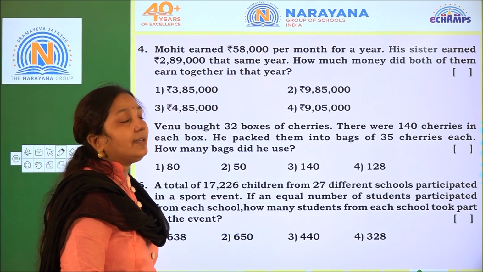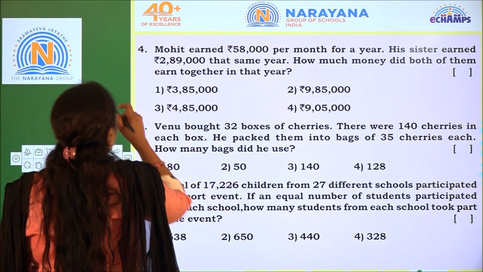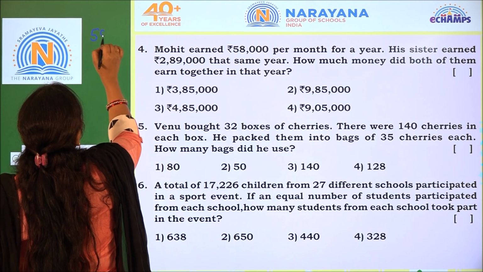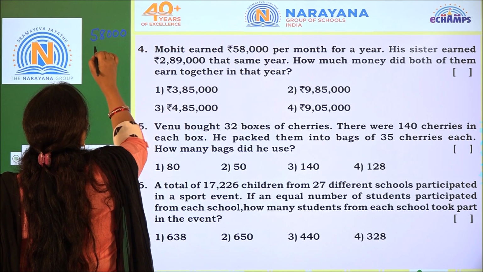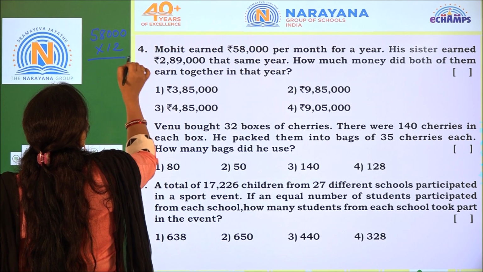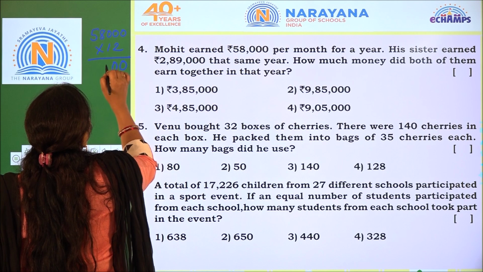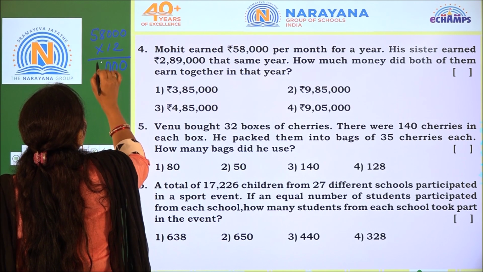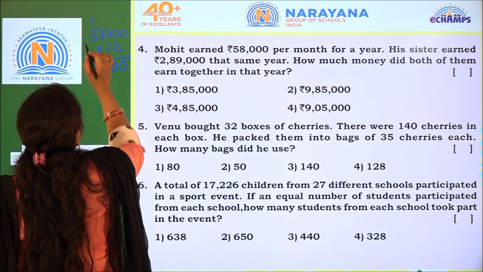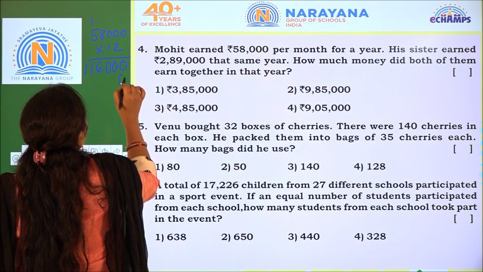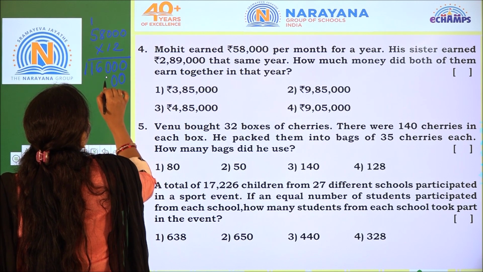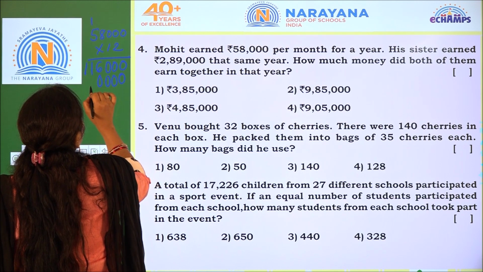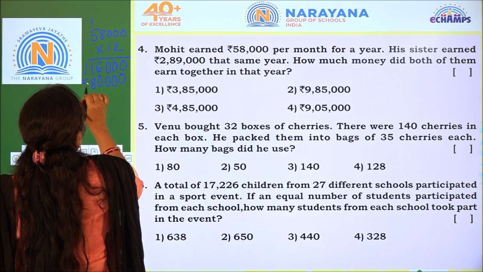We know the amount per month. So for 12 months, we first have to multiply 58,000 into 12. Now 2 0s are 0, 2 8s are 16, 2 5s are 10 plus 1, 11. Ones place should be 0. Then 1 8 8, 1 5 5.